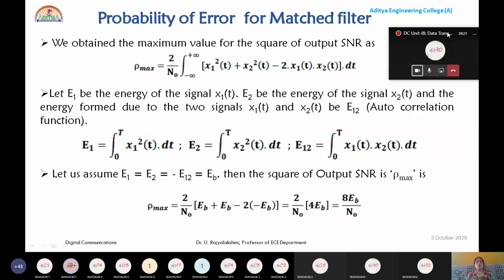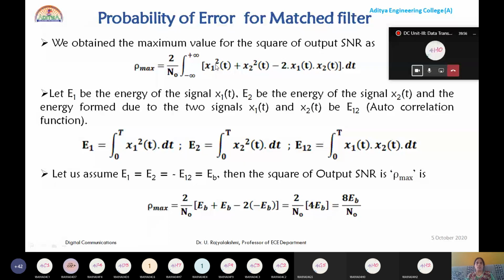Okay, so let us assume here, already you know that the magnitudes of x1 of t and x2 of t are always the same, because in the case of baseband signal receiver we assumed x1 of t is plus A and x2 of t as minus A. Even while analysing the optimum filter we did like that. The magnitude of x1 of t is equal to that of x2 of t, but it differs in the direction. So x2 of t will be minus A and x1 of t is plus A.